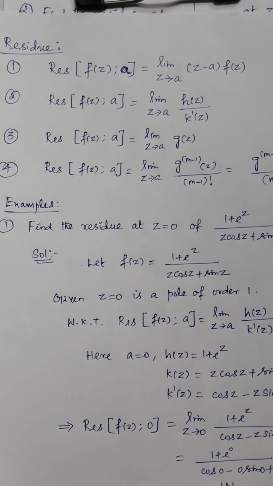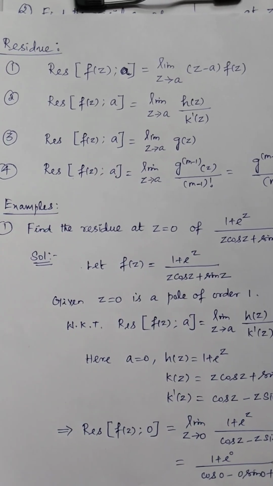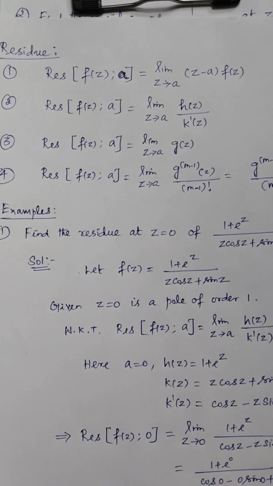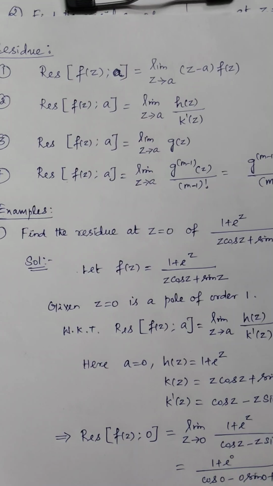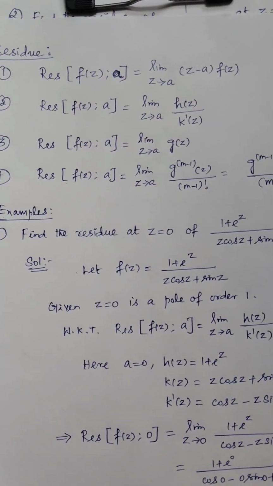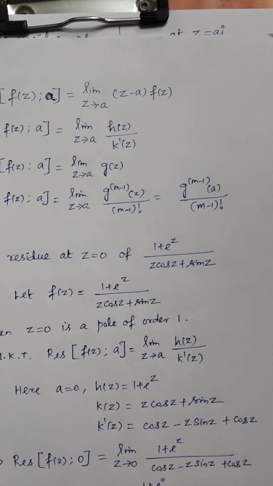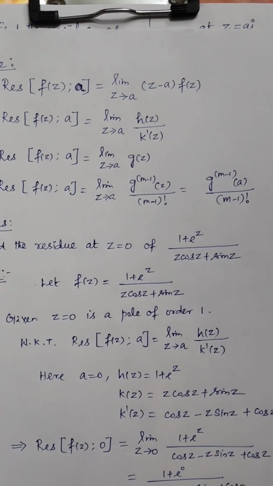The first one is used if the given function has a pole which is simple. The second one is for a function whose pole is also simple, but which is in the form of h of z divided by k of z.